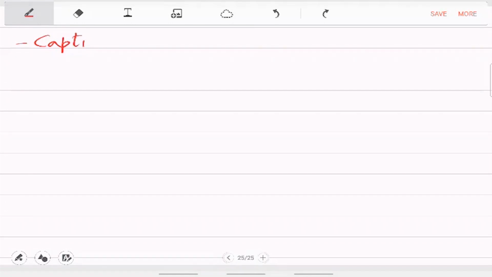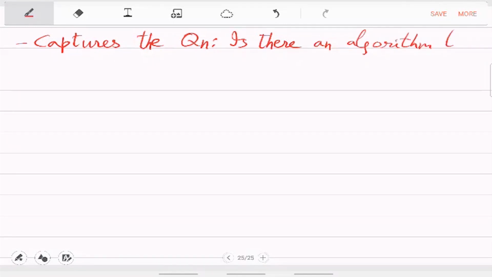So, it captures the question, is there a Turing machine to test whether M alpha halts on X?